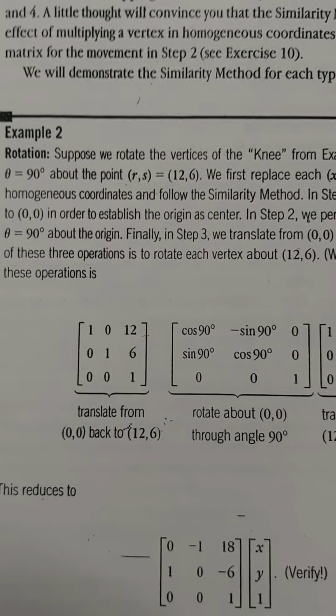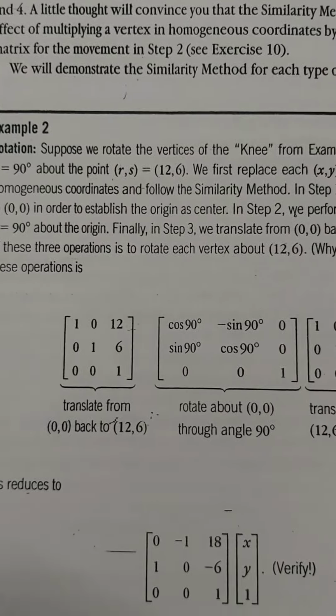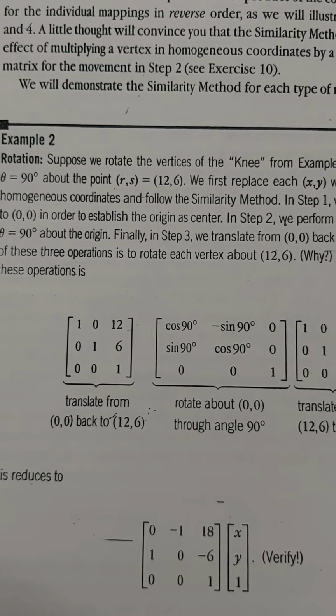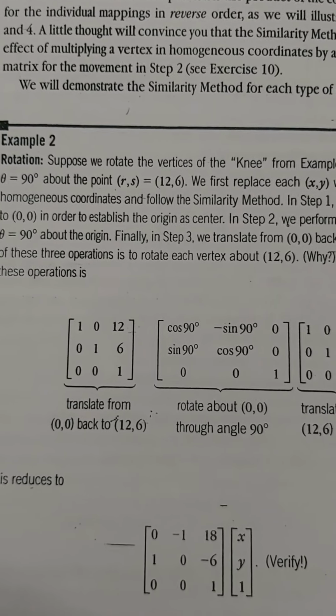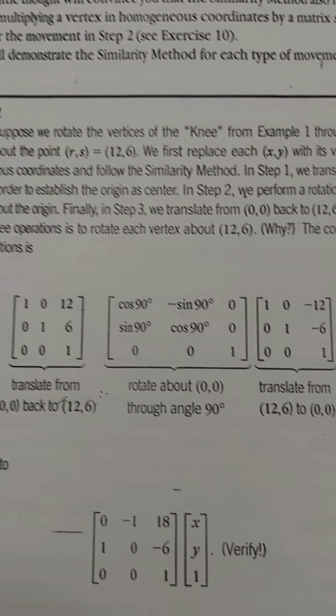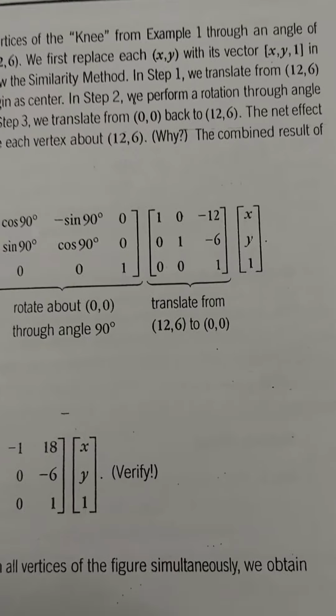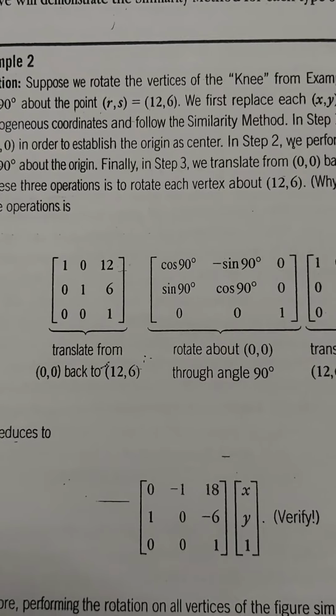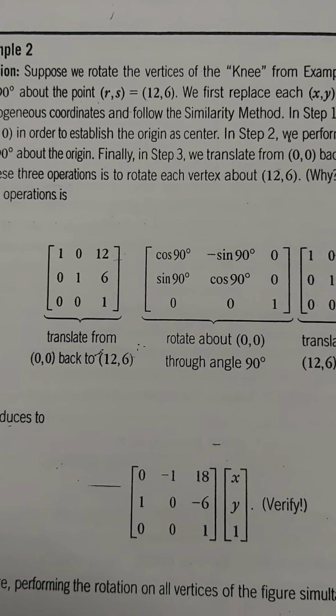Understand? We have to rotate the knee figure by 90 degrees about the point 12, 6. So first we change 12, 6 to 0, 0 by the translation matrix, then rotate the figure by 90 degrees about the origin, then back translate from 0, 0 to 12, 6.